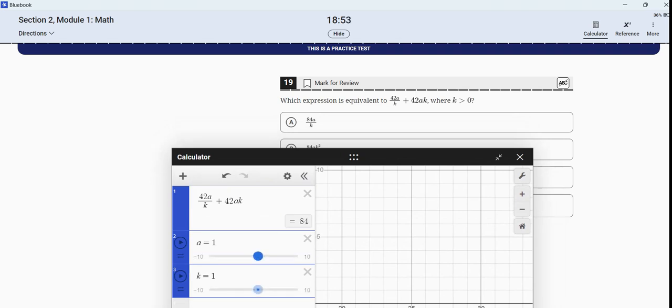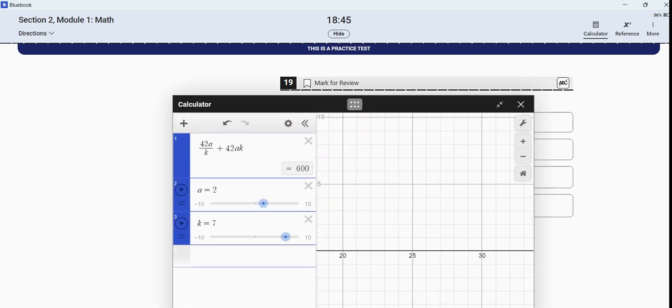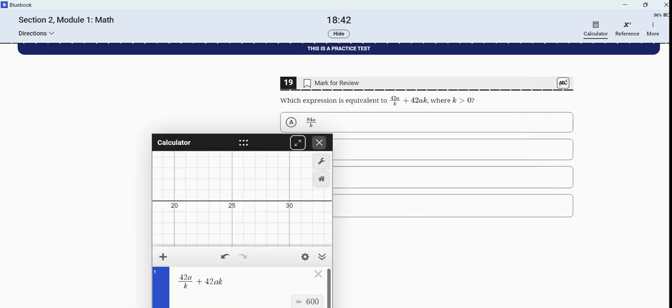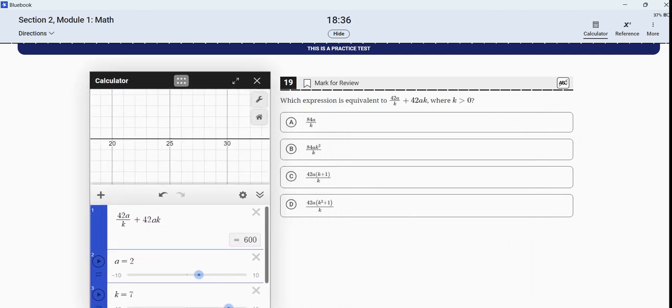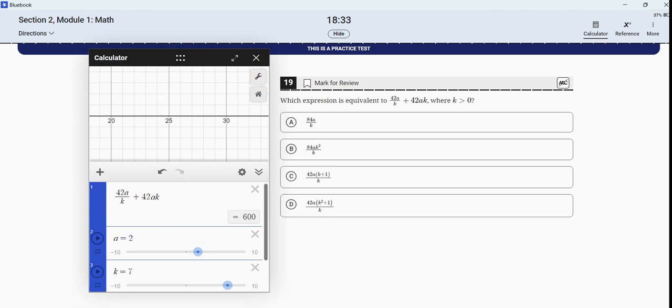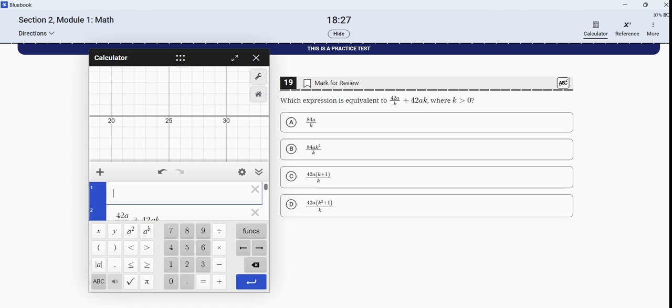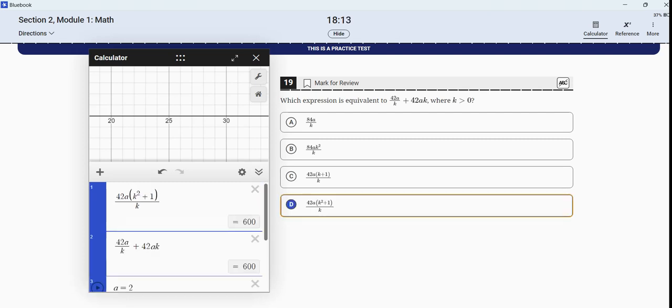I'm thinking it's C or D. Let me type C in first and see if we get 600. And it would be D.